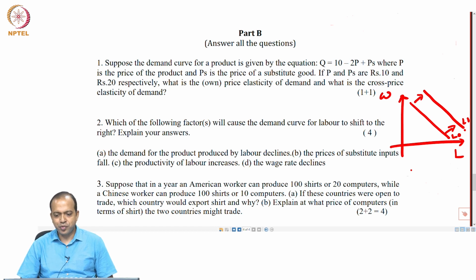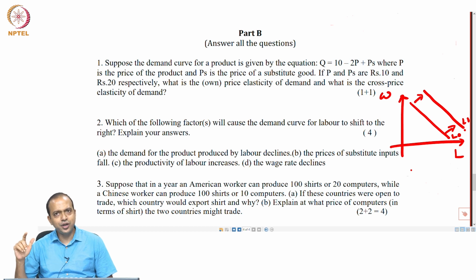Next option, the prices of substitute inputs fall. Let us assume that the producer is producing the output using two inputs, labor and capital, and now the rental or price of capital is actually declining.